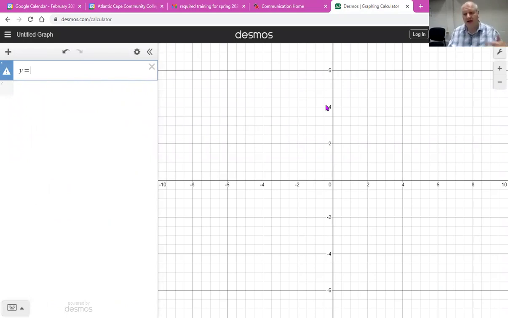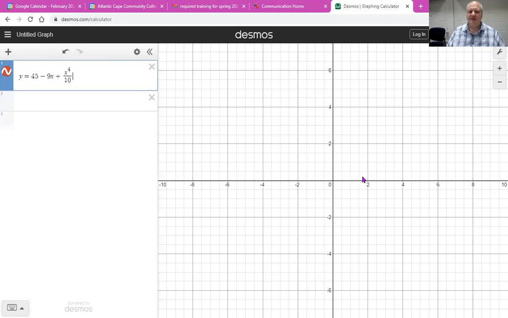As a reminder, I encourage you to always try to use y and x. If it's in terms of c and n, I would try to switch to x and y. So this is going to be 45 minus 9x plus x to the power 4 over 10.